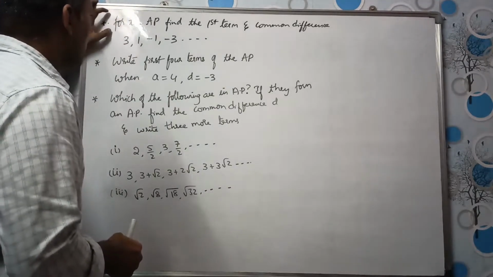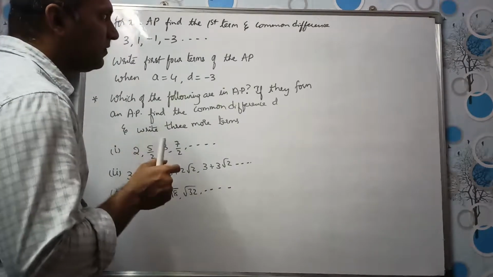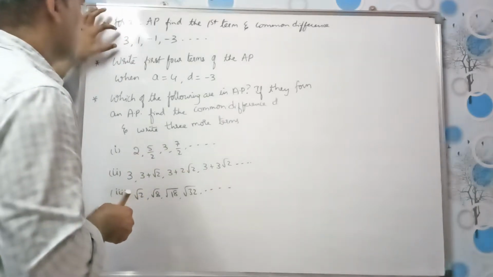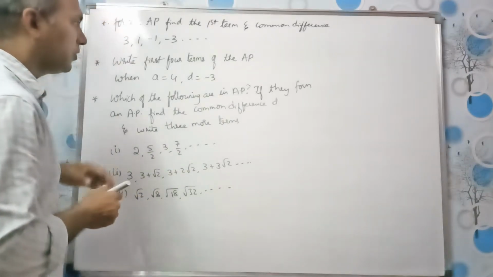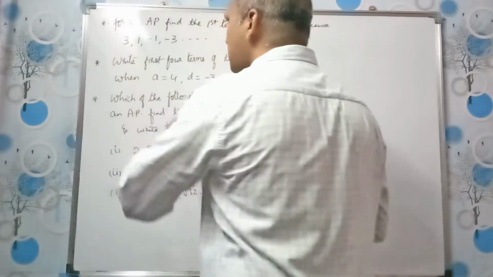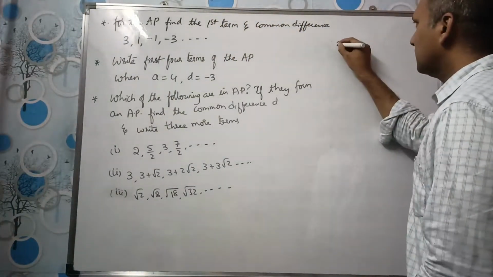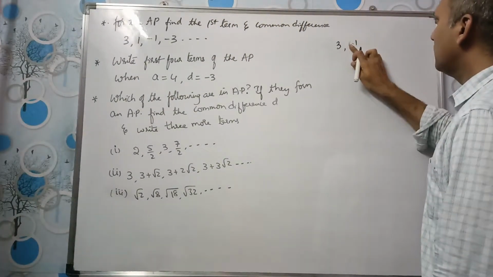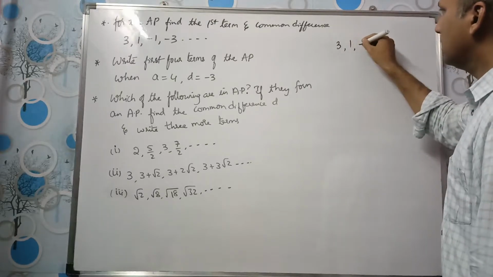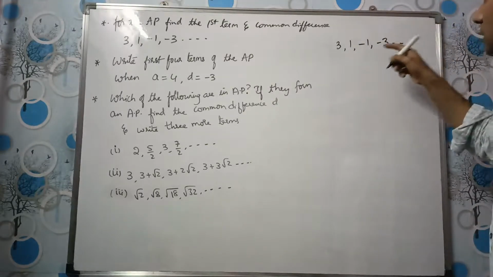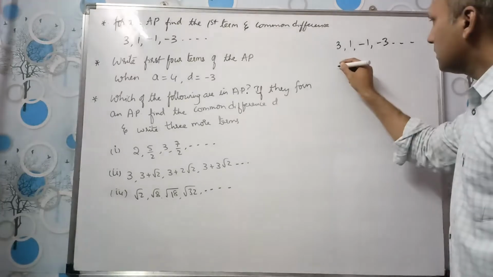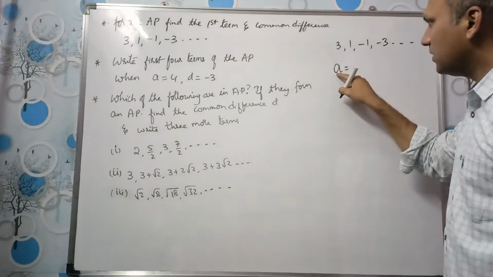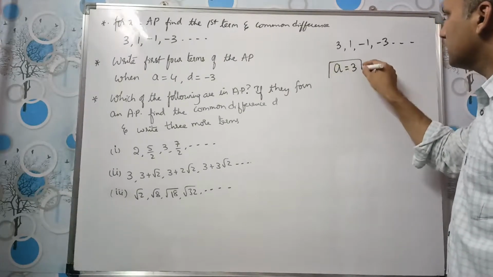First question is, for the AP, find the first term and common difference. This is the AP given, arithmetic progression: 3, 1, -1, -3 and so on. First term is very easy. This is the first term, right? So the first term, denoted by A, is equal to 3.